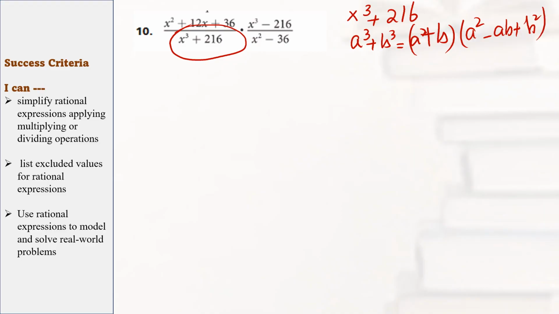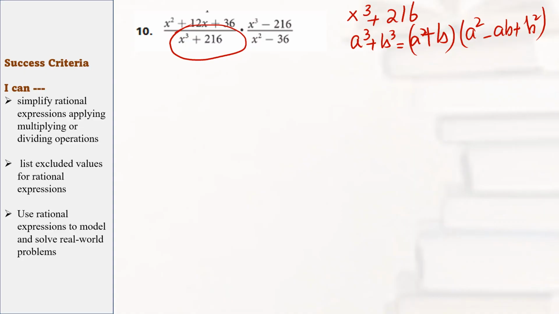So what is the cubic root of 216? I think it is 6. So just write in the calculator the cubic root of 216. It will be 6. 6 times 6, 36. Yes, okay.